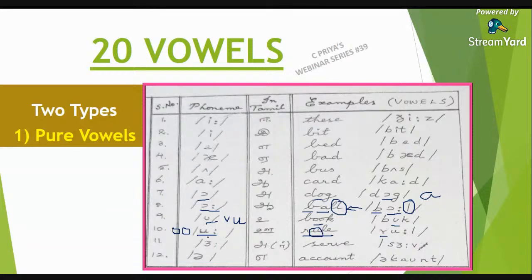For oo, we have U with the colon. So we have used U with the colon, and L, E silent, right? This way only we have to pronounce each and every word in the English language that we can come to learn from the English dictionary.